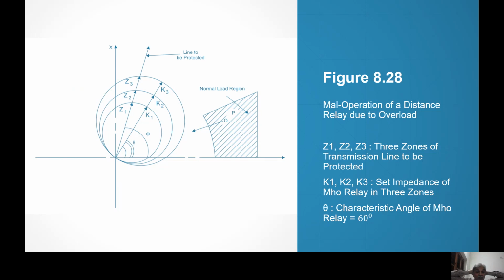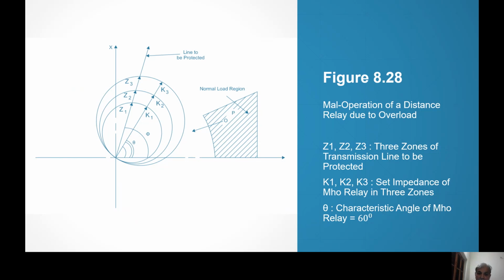Overload means voltage is constant, power factor is also constant, but current increases, therefore that point comes towards the characteristic. And by chance, if the point enters into the third zone, then in the third zone time, the relay will mal-operate. I am saying mal-operate because overload is not a fault and the relay should not operate. I don't mean that overload is not a problem. That has to be looked after by some other thing, but not by the distance relay.